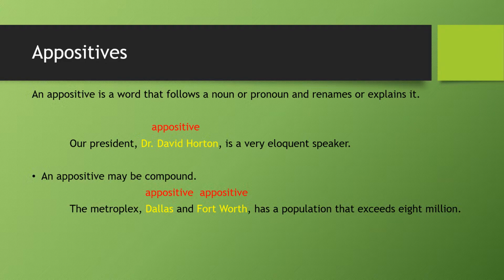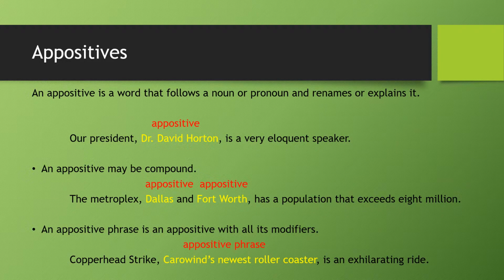And an appositive may be compound. In other words, there may be two nouns or pronouns that make up the appositive. The Metroplex, Dallas and Fort Worth, has a population that exceeds 8 million. So we have a compound appositive, Dallas, Fort Worth. And an appositive phrase is an appositive with all of its modifiers.